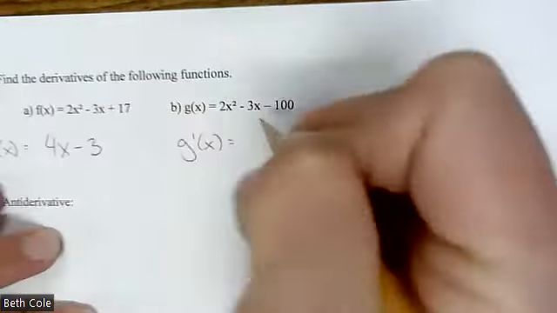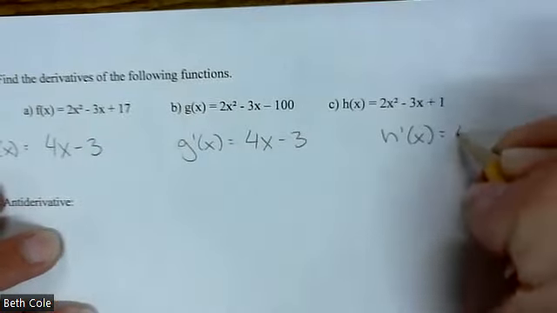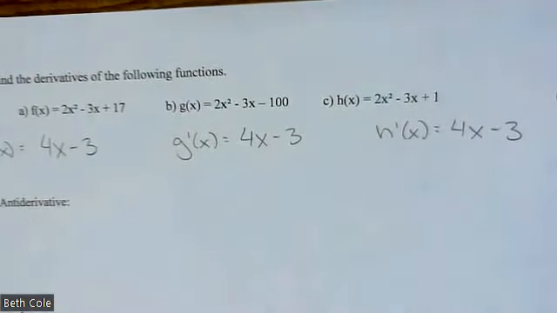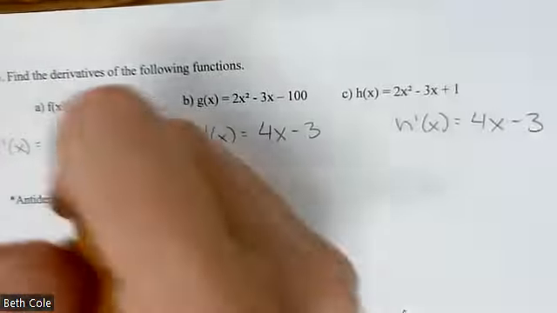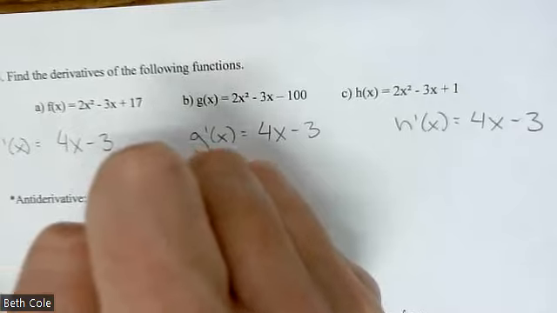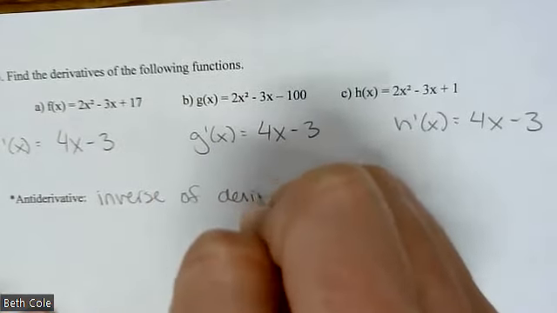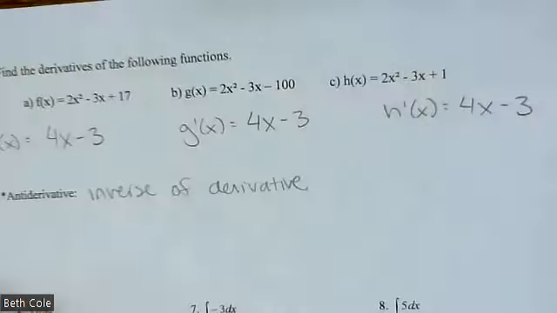They're all 4x minus 3. So that's doing a derivative. What we're about to do are antiderivatives, which means you're going backwards. An antiderivative is the inverse of a derivative. But here is the thing. All of those ones we just did came out to the same answer, but were they the same problem? No. What's different about them?